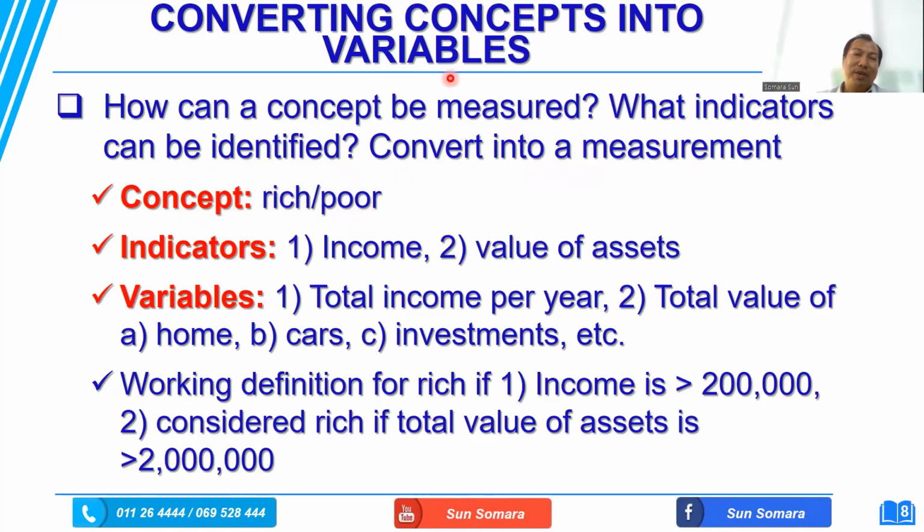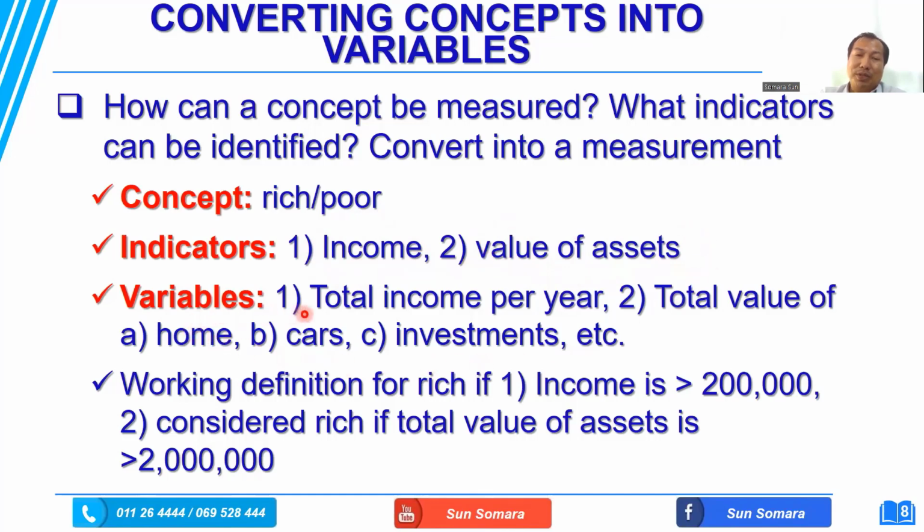So they come up with indicators like income and value of assets. Income is what they earn per month or annually. Value of assets refers to the property they have, like a car, house, furniture, whatever.